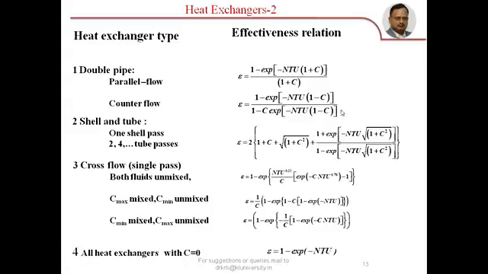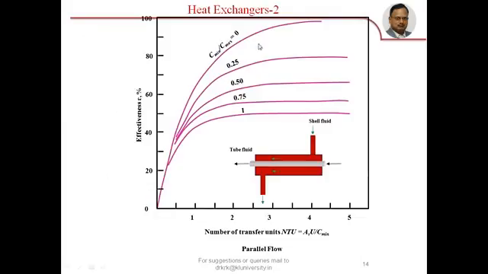But anyhow, these are available in the form of equations as well as graphical form also. For example, for parallel flow heat exchanger, if you know the C minimum by C maximum and the number of transfer units UA by C minimum, you can determine effectiveness from this graph.